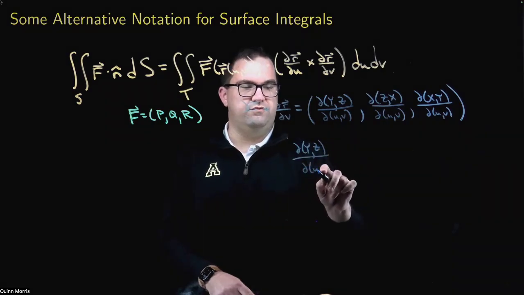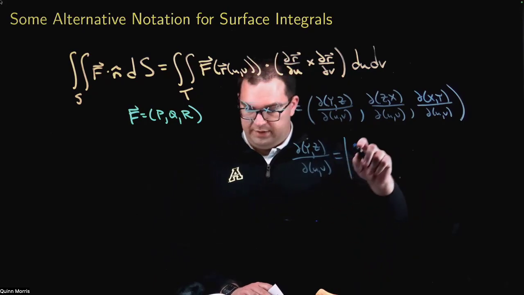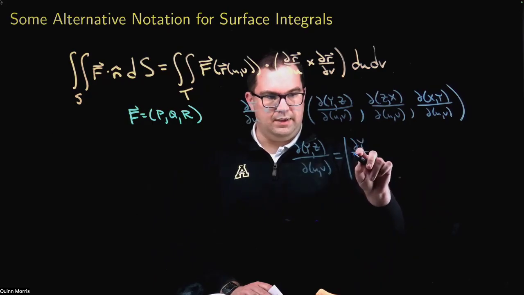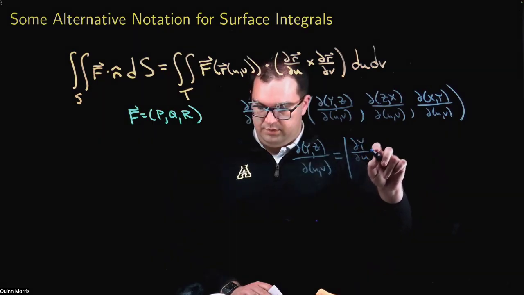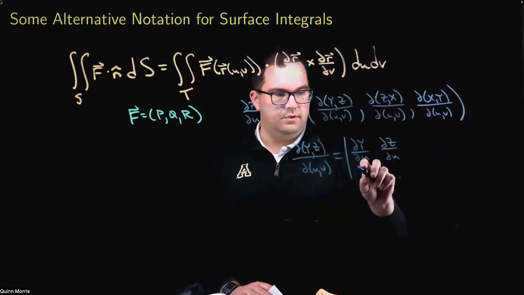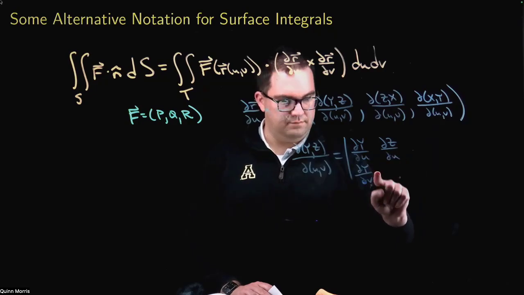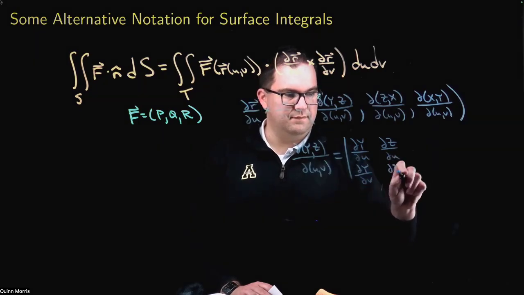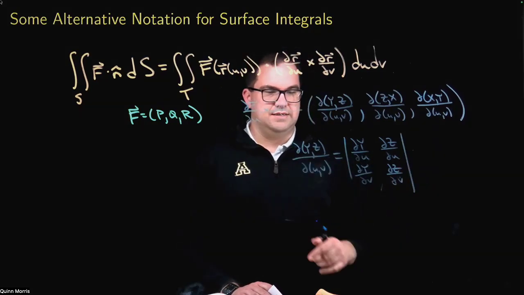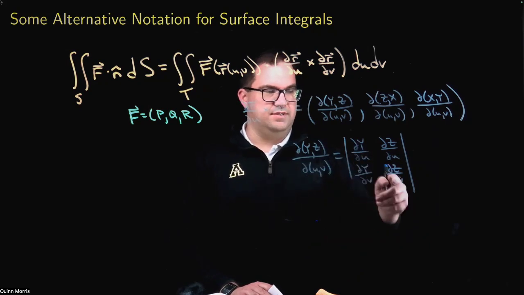of duv was the determinant of the matrix with rows dy du, dz du and dy dv, dz dv. So this quantity dy dz over du dv was just defined to be the determinant of this.